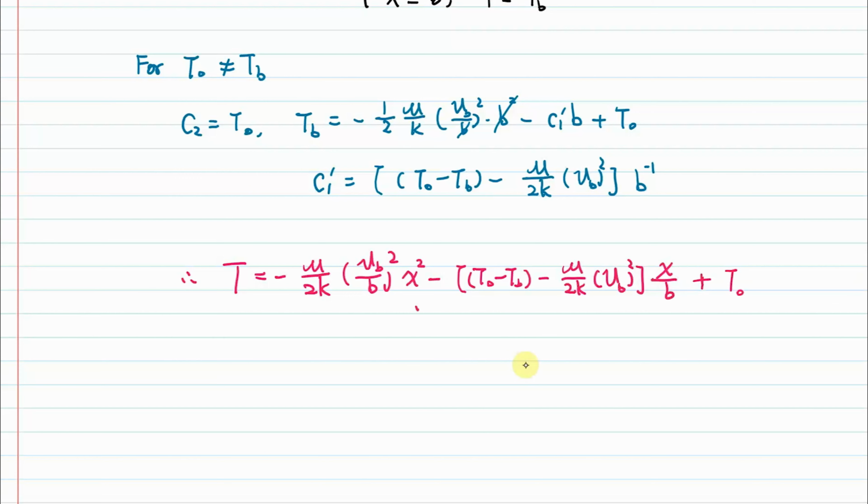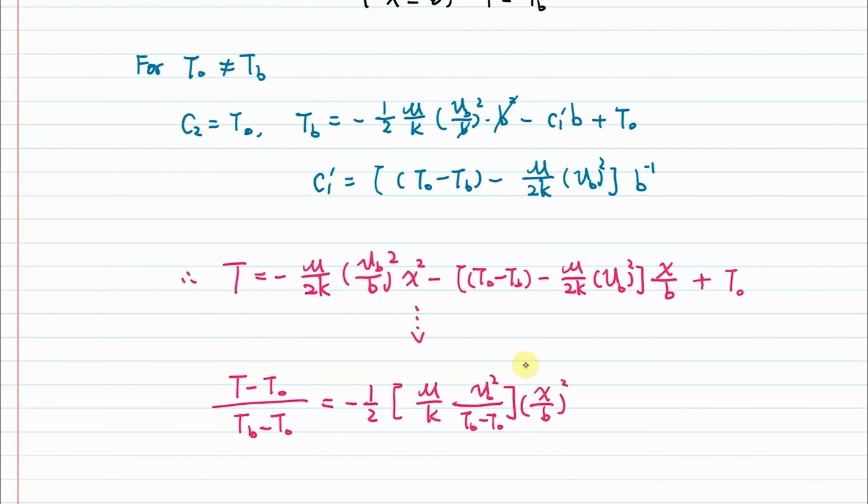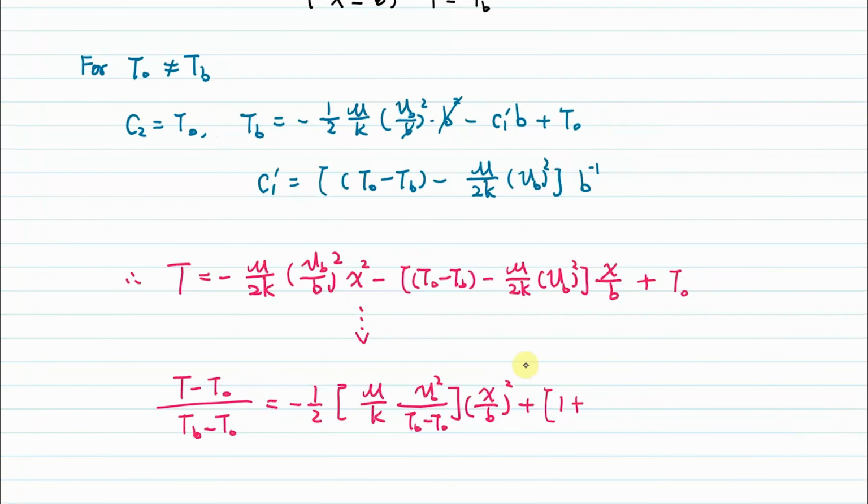Okay, and a couple of rearrangement steps gives us a cleaner form of the solution: T minus T naught over Tb minus T naught equals x over b plus 1 over 2 times mu vb squared over k (Tb minus T naught) times x over b times (1 minus x over b).